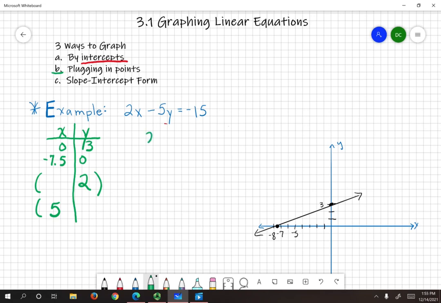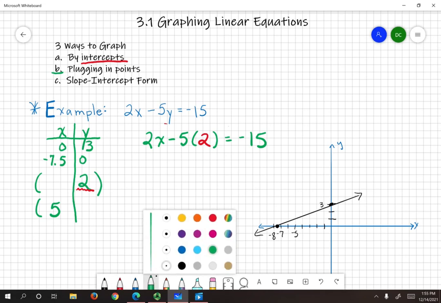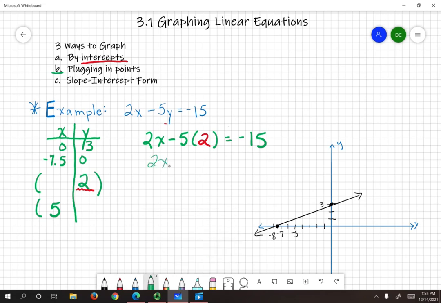So I've got 2x minus 5y equals -15. And I'm working on this one, which says, what's x when y is 2? So that gives me 2x minus 10 equals -15.